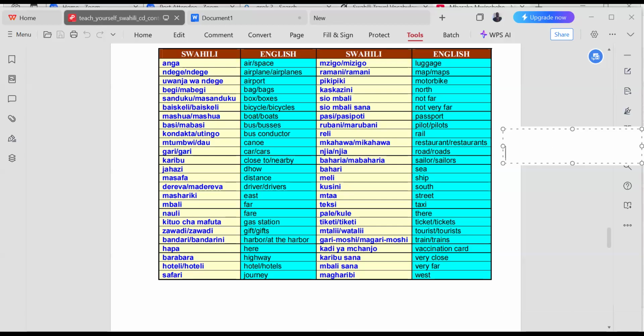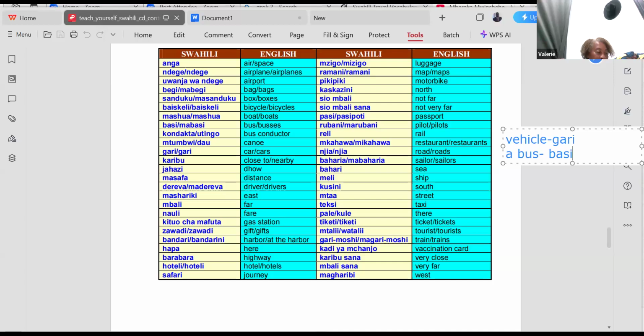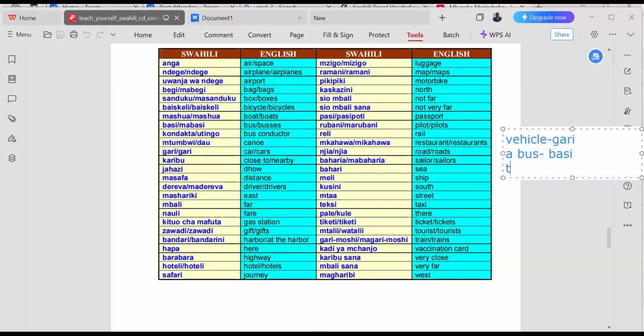You will use basically a vehicle, which in Kiswahili is gari. You can equally use a bus, which is basi. You can equally travel using a taxi, which Swahili just calls taxi.